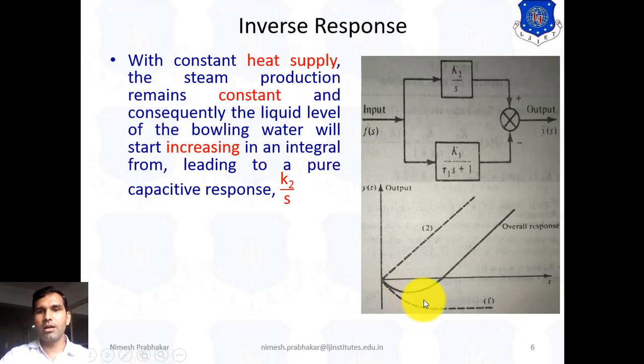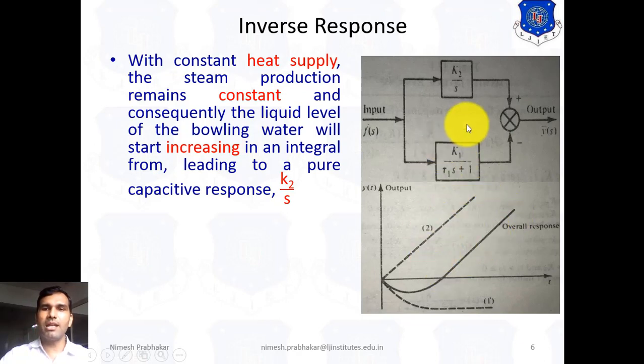After this short time, the overall response increases. That means this is the integration of these two systems. That's why it's called the integral system. That means initially, due to this inverse response, it decreases, but after we give the heat as a constant supply, at that time it will come to the increasing level. So this is the overall response of the system.